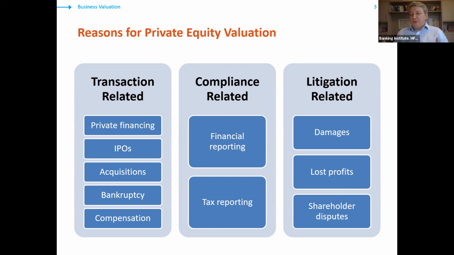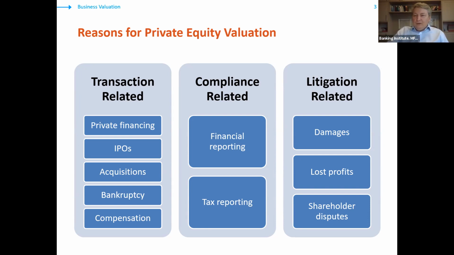So that is any transaction. Another possible group of reasons is compliance. In financial reporting, if we hold a subsidiary, or if we have some other reasons to value the company in our financial report, we can do valuation for financial reporting, and we can do the same for tax reporting. This is generally the same as financial reporting, just a set of standards is different.